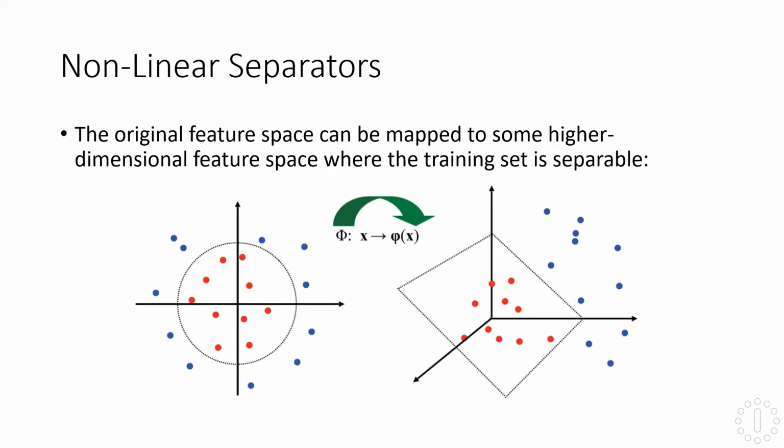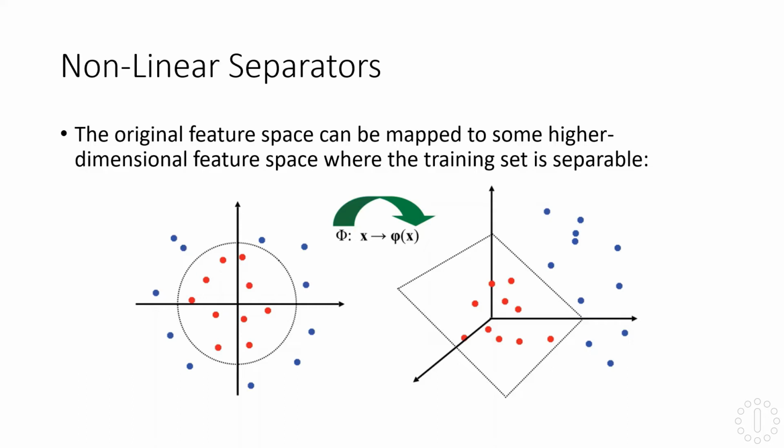One way in which this can be solved is to map the data to some higher dimensional feature space in which the data is linearly separable. What this means is that, for example, in the example that we had previously, we had a one-dimensional space, so we only had this x-axis, and we had to decide which x value tells us that the data greater than that x value belongs to one class, and the data less than that x value belongs to another class.